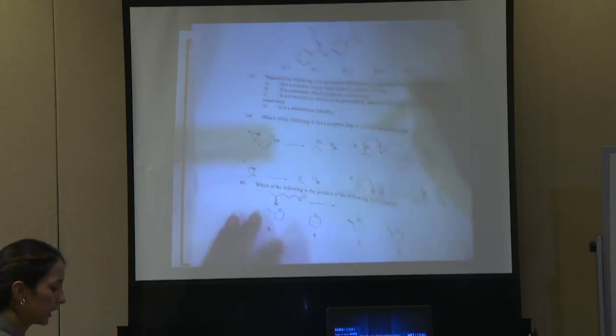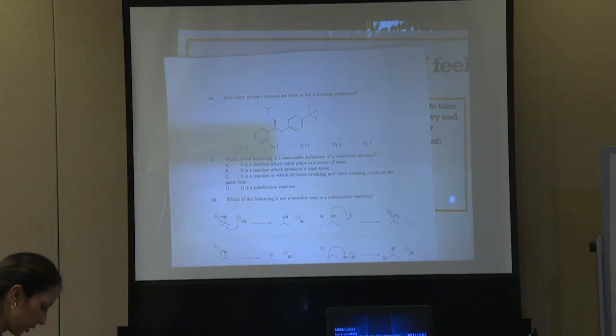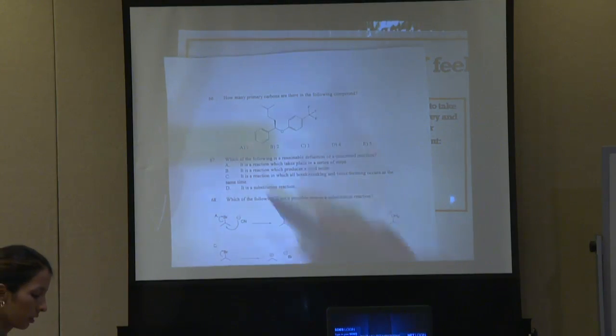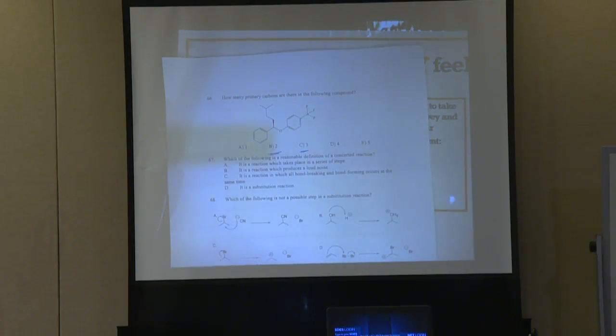So now 66. How many primary carbons are in the following compound? Two or three. Okay. How did you figure out how many there were? A carbon that's only attached to one other carbon.